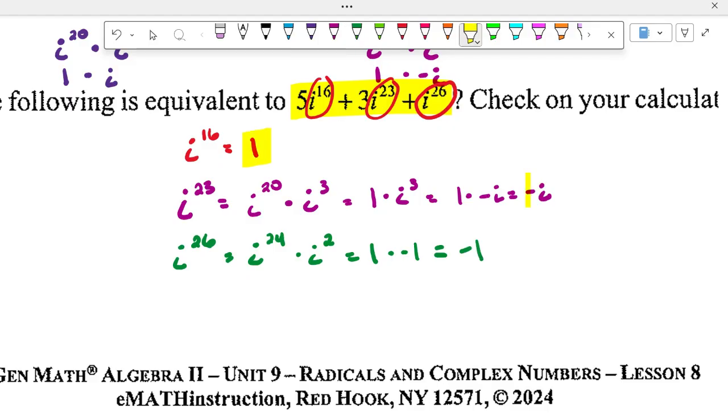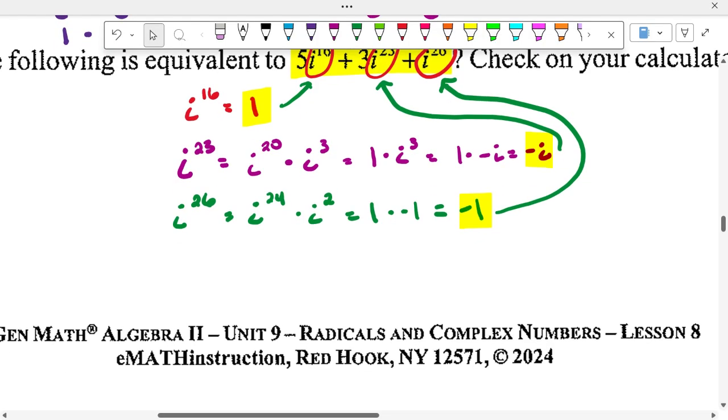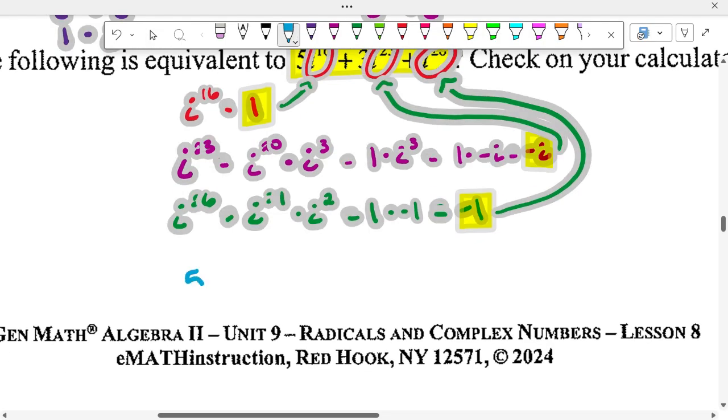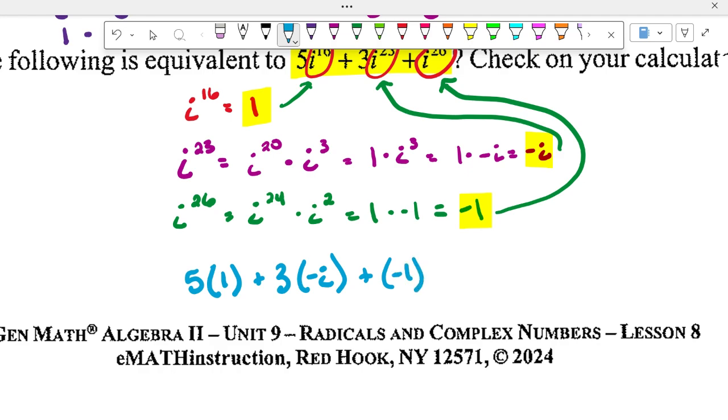So I'm going to take these values and replace these values in the equation. So I have 5 times 1, which is i to the 16th, plus 3 times negative i, plus negative 1, which is i to the 26th.